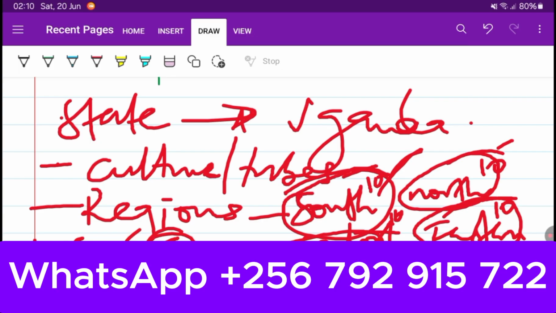So those are some of the key characteristics or attributes that we can look at depending on a given population or a given stratum that you have selected. Then you go ahead to observe the relationship.